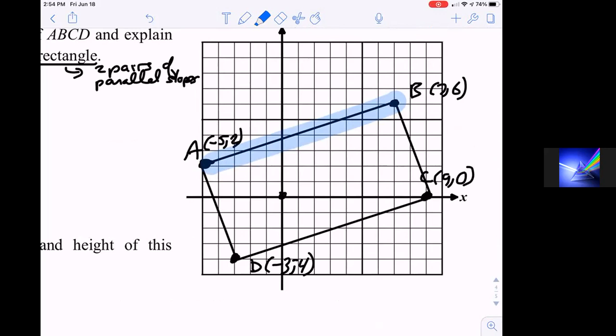So the slope of that line should be equal to the slope of that line. And simultaneously, the slope of that side, the width of the rectangle, should be equal to the slope of the other side. So if both pairs of sides have parallel slopes, that would be defining a rectangle. And so that's what we're going to take a look at right now.